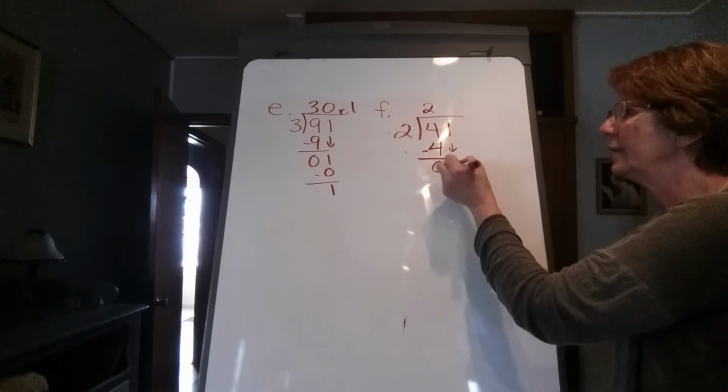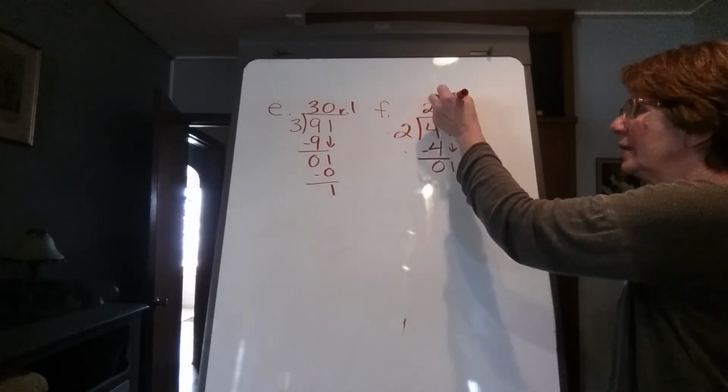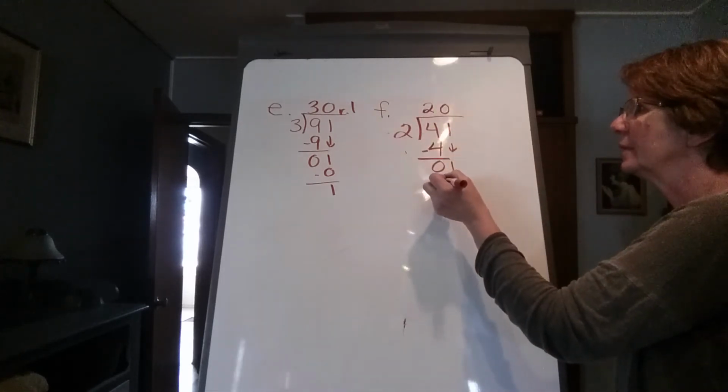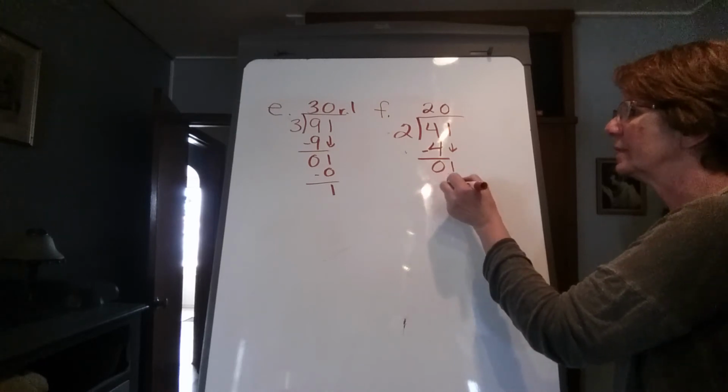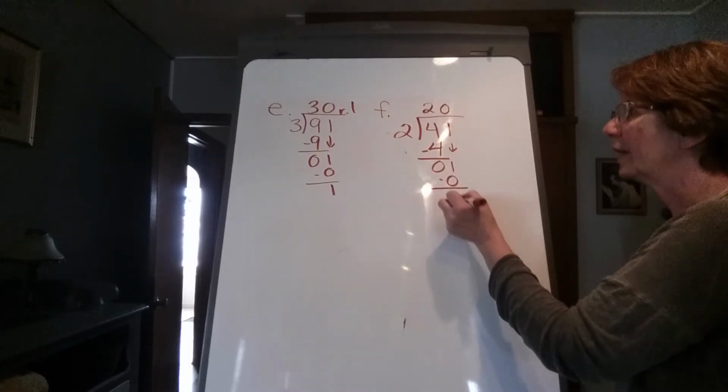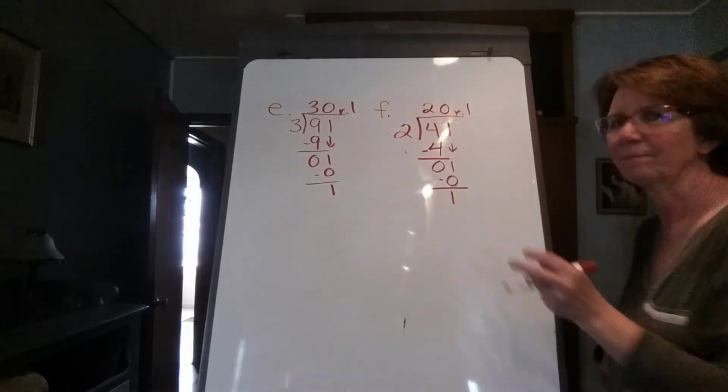Bring down your 1. 2 goes into 1 0 times. 0 times 2 is 0. Subtract with a remainder of 1.